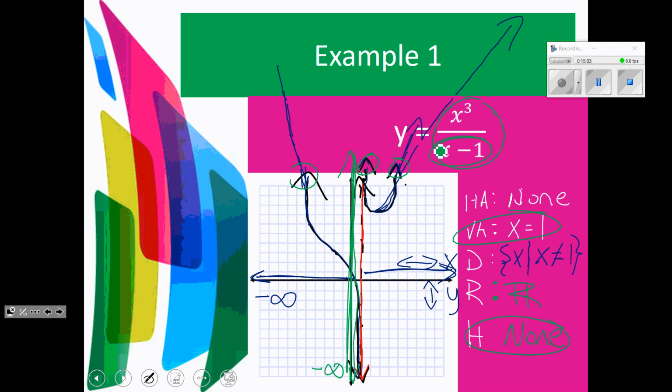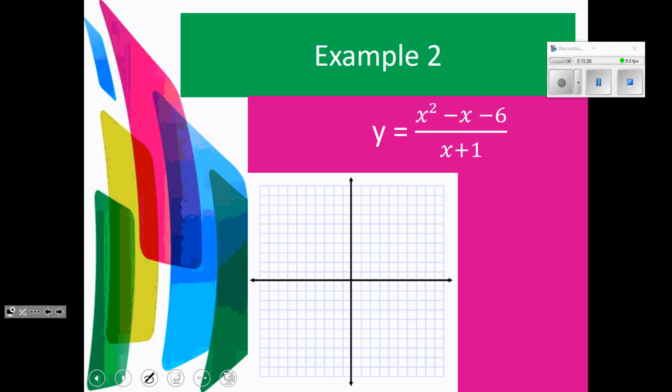If it doesn't cancel, then it's a vertical asymptote. Because x minus 1 does not cancel with the x cubed, it's a vertical asymptote. If it cancels, it's a hole. But if it doesn't cancel, it's a vertical asymptote. It'll make more sense when we get to an example that actually does cancel. So let's keep going to example 2.